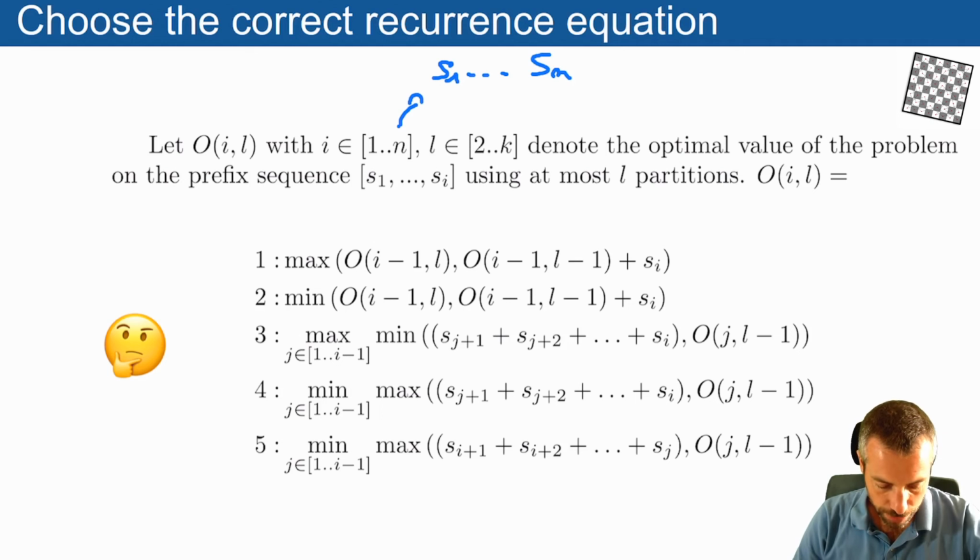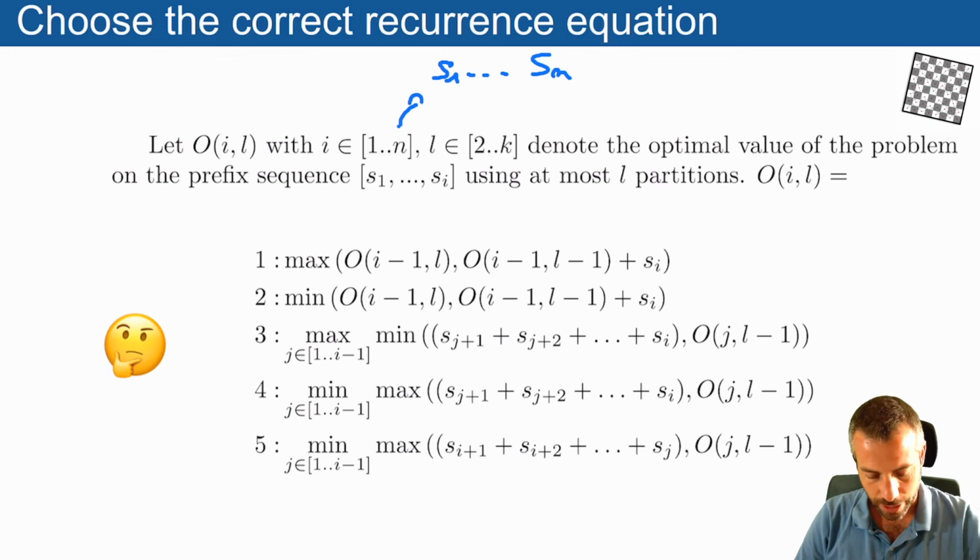The first possibility here, you will take the maximum between O[i-1][l] and O[i-1][l-1] plus Si. It's already quite strange, right? Because you want to minimize something, and here you take the maximum of the two, and there is no minimization in it.